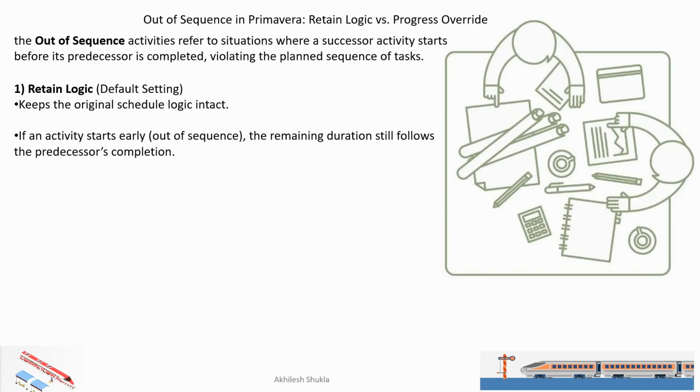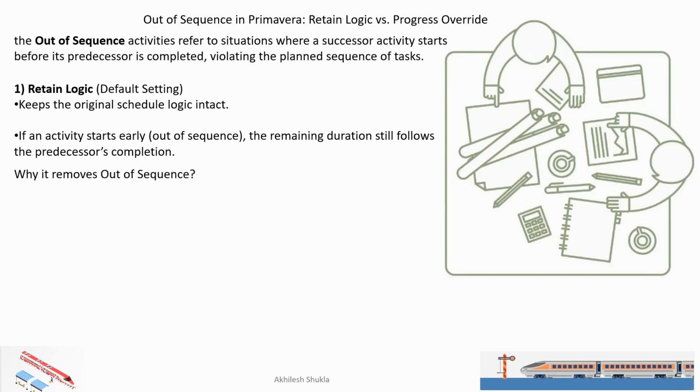Suppose the duration of B is 5 days and the remaining duration of activity C is 2 days. It will shift the completion of activity C by 7 days, because it will take all the dates of activity B, performing the same logic. So the remaining duration still follows the predecessor completion, 5 days plus 2 days. We are going to see this in Primavera also.